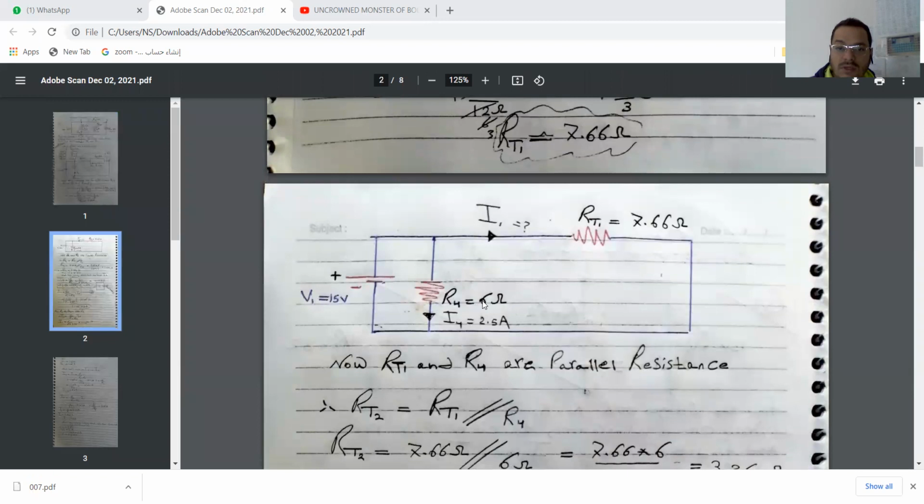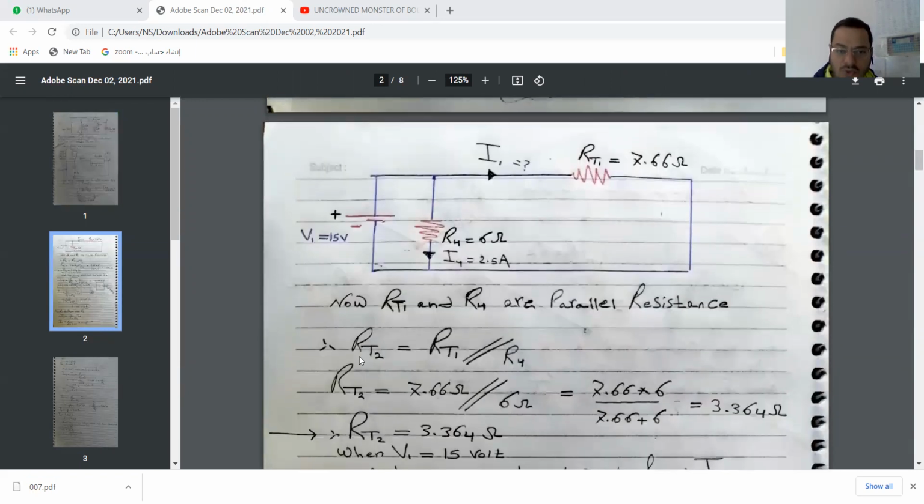Now here RT1 and R4 are parallel resistances. That means here we will have another new value of resistance. This value we can call RT2 or Rnew2, something like that.